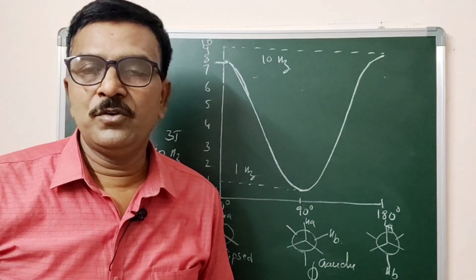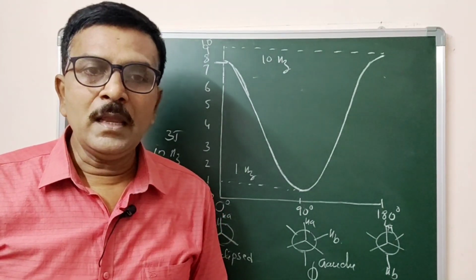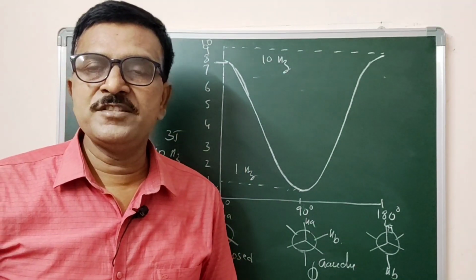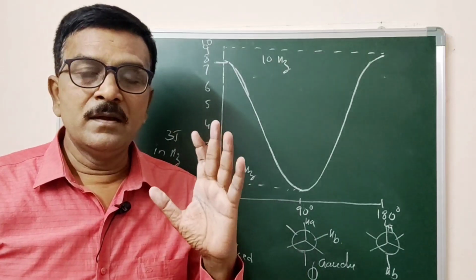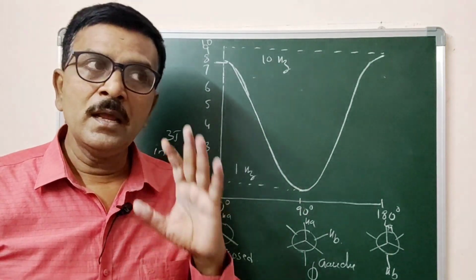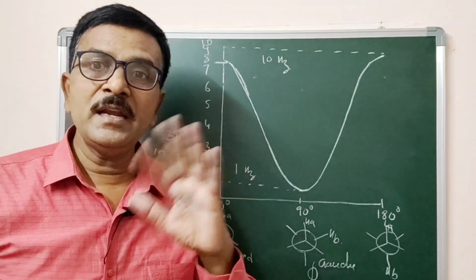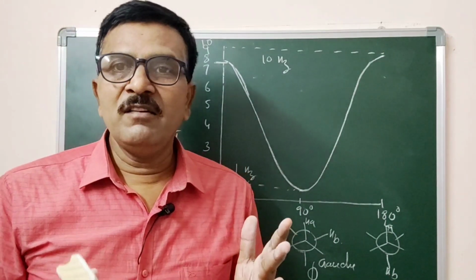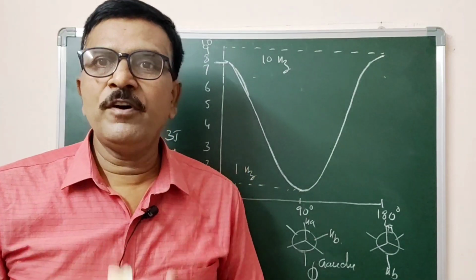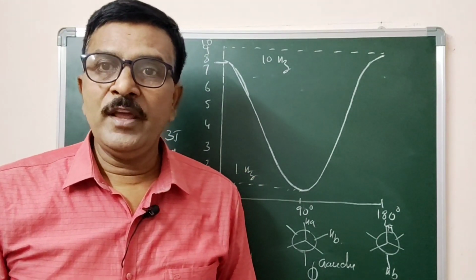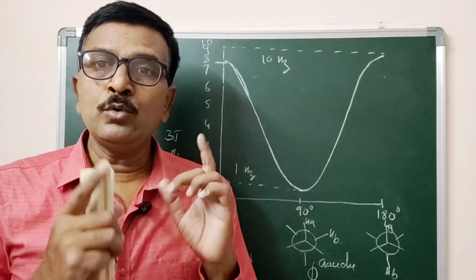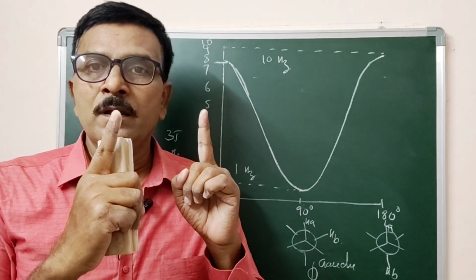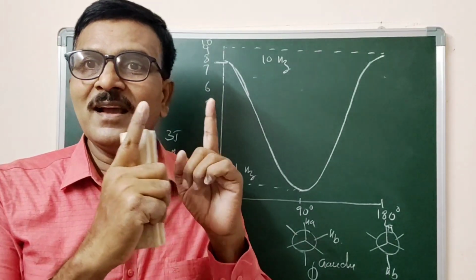Now let us find out the reason why the vicinal coupling constants are maximum at dihedral angle 0 degree and at 180 degree, and why it is minimum at 90 degree. Now when the conformation is eclipsed, you can find the two coupled protons are exactly eclipsed.